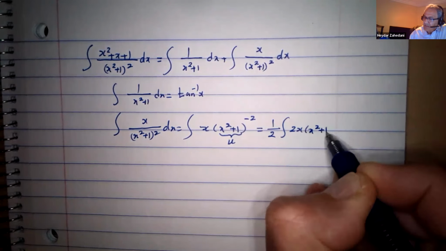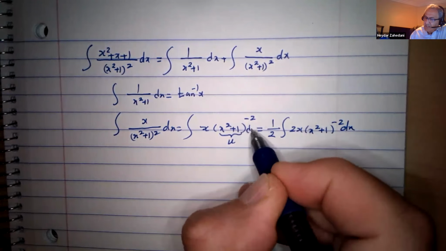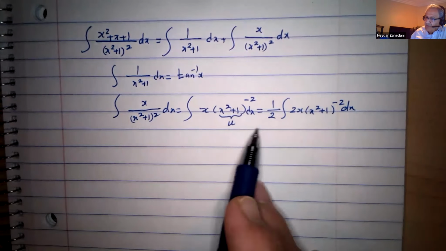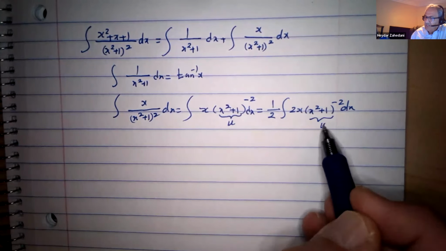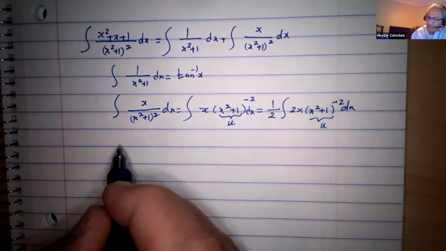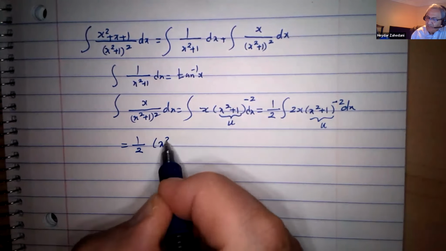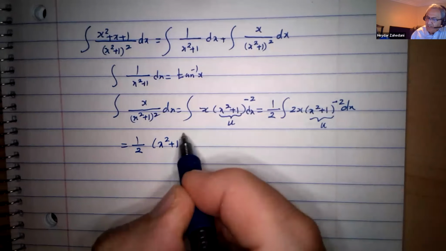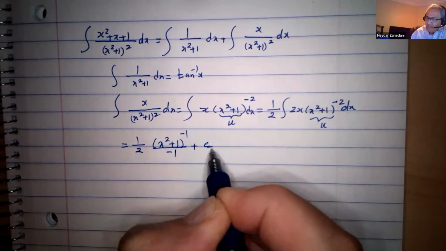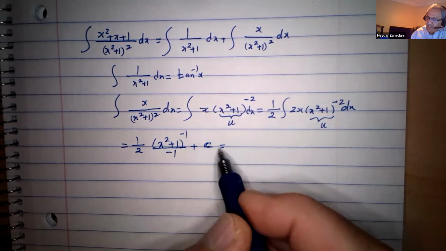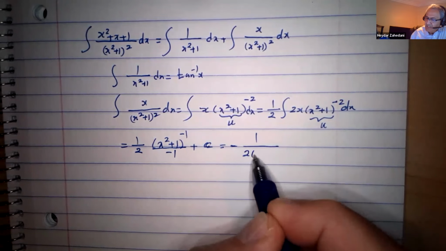This is going to be the case. There is an index here. So it's like u to the -2. So it's going to be 1/2 times (x squared plus 1) to the -1 divided by -1, plus the constant C. If you simplify it, that gives -1 over 2 times (x squared plus 1).